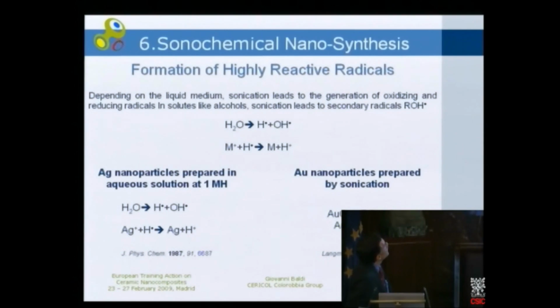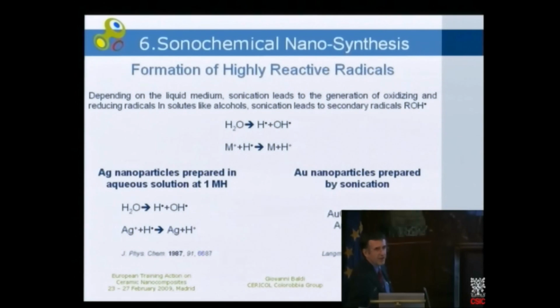This is a mechanism in which, for example, during a sonication stage, we obtain free radicals that can react with metal precursors in order to obtain metal nanoparticles. And with this route, we can obtain, for example, silver nanoparticles.